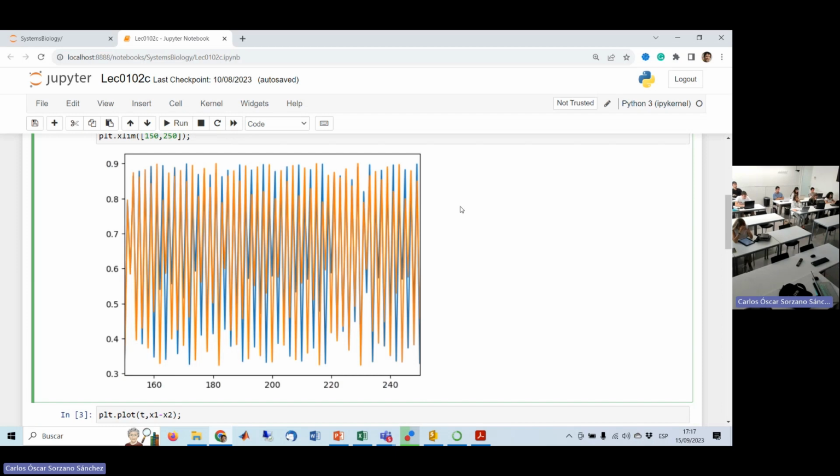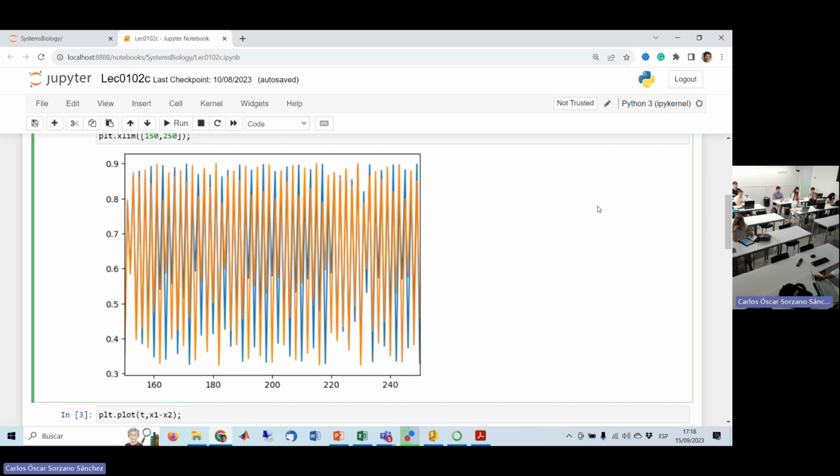At the beginning they are similar, but at some point they start deviating. Already in sample 240, they are quite different; it goes from 0.3 to 0.9.